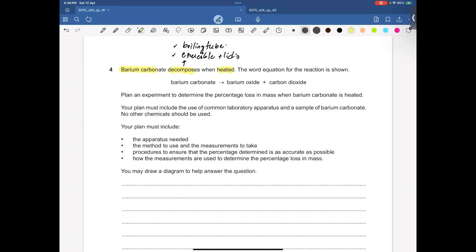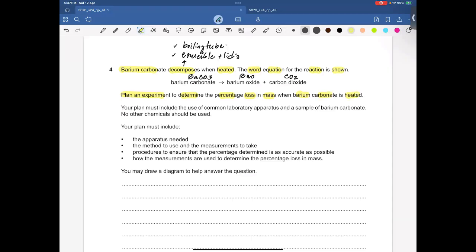Okay, the word equation for the reaction is shown. Barium carbonate has a formula of BaCO3, barium oxide has a formula of BaO, carbon dioxide has a formula of CO2. Plan an experiment to determine the percentage loss in mass when barium carbonate is heated. We have to calculate the percentage loss in mass.